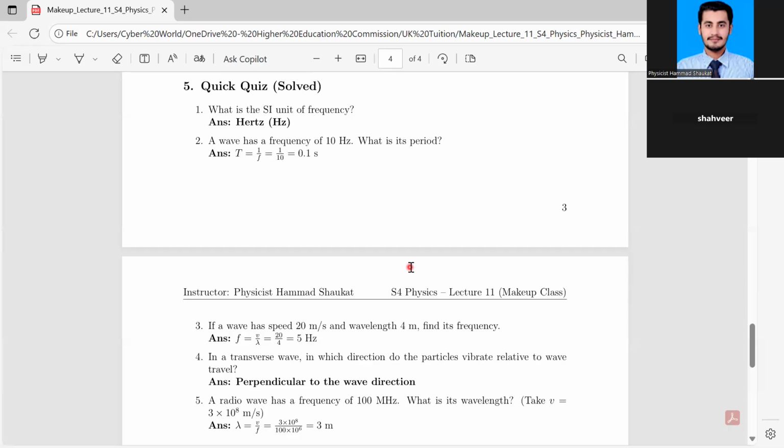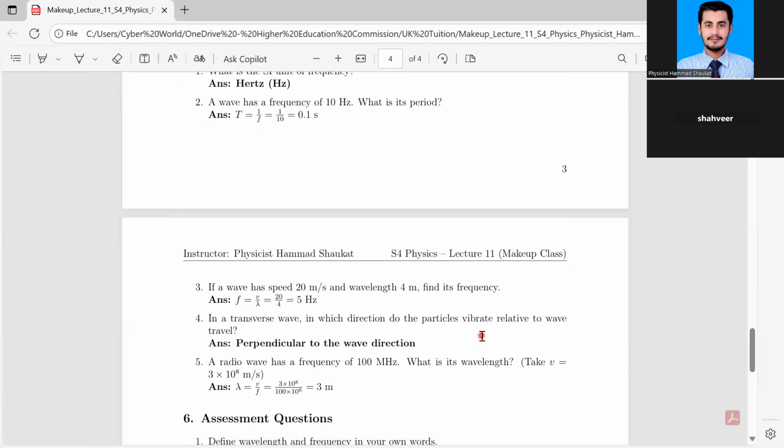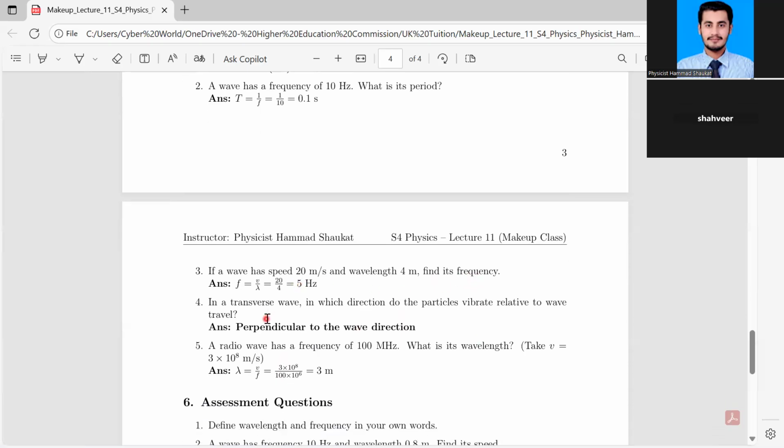If a wave has speed 20 meters per second and a wavelength of 4 meters, what is its frequency? How can you find it? 20 divided by 4. Yes, 5. And what is the unit of frequency? Hertz. Yes.